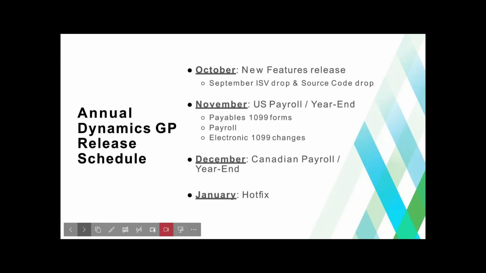There are usually other governing or other changes that states or provinces pass during the year that get dropped in, say, the spring or summertime. But for Dynamics GP end users, the important thing to remember are these 4 months: new features in October, payroll November, December, and a potential hotfix in January.